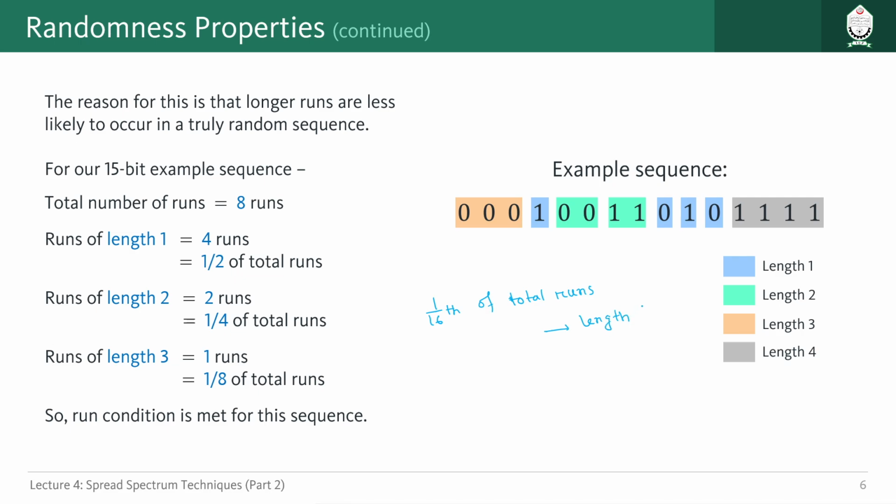For this case, 1/16 of the total runs means 1/16 multiplied by total runs 8, which is half. Half is not an integer value, that's why we cannot calculate that. That's why we can stop at length 3. So we can say this sequence almost fulfills the properties of run.